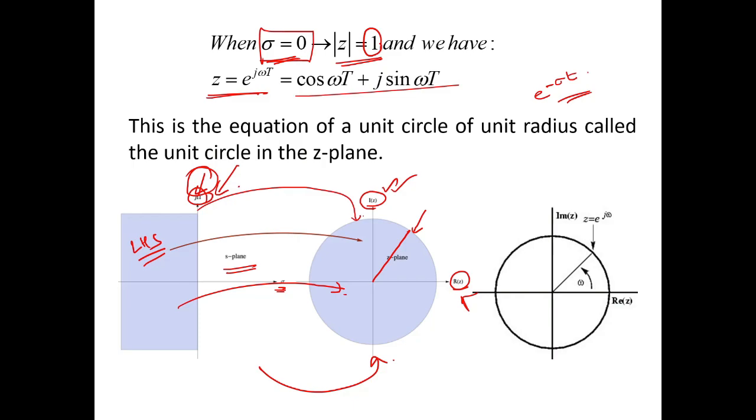Similarly, when sigma is greater than 0, it is outside the circle. So this is the mapping from the Laplace transform to the Z transform.